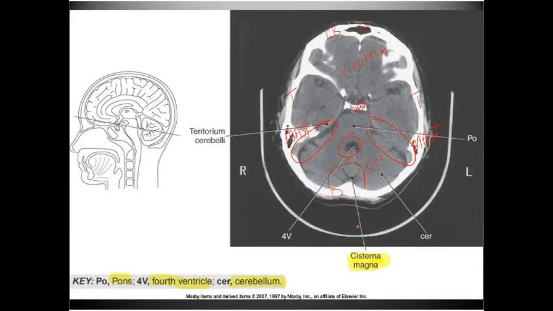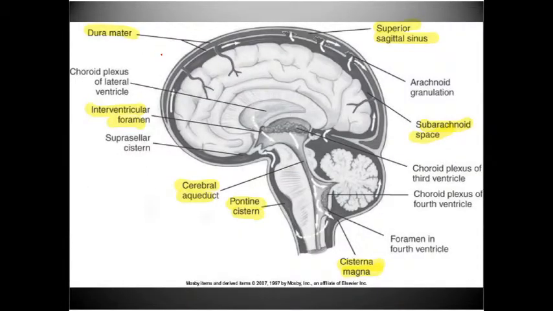This has the pons labeled, but I feel that on the axial image this is very hard to differentiate, so don't worry about the pons. Typically, when we want to view the pons, it's going to be better demonstrated on a sagittal image, much like what we have here. This puts everything into greater perspective.